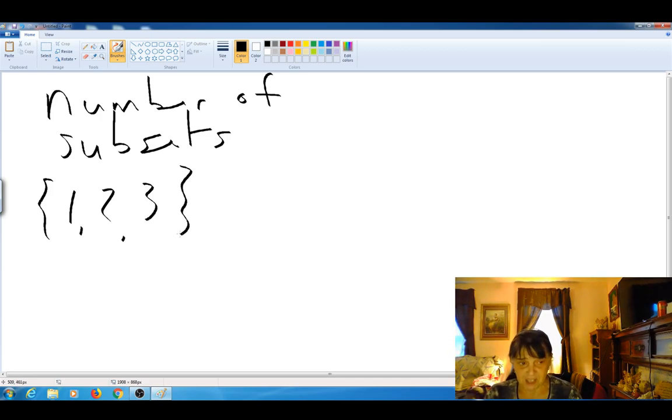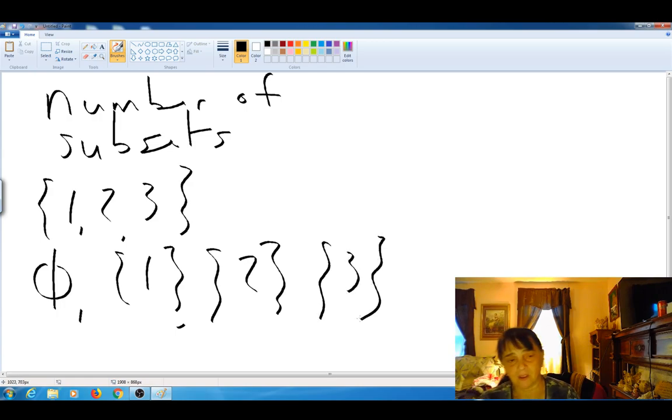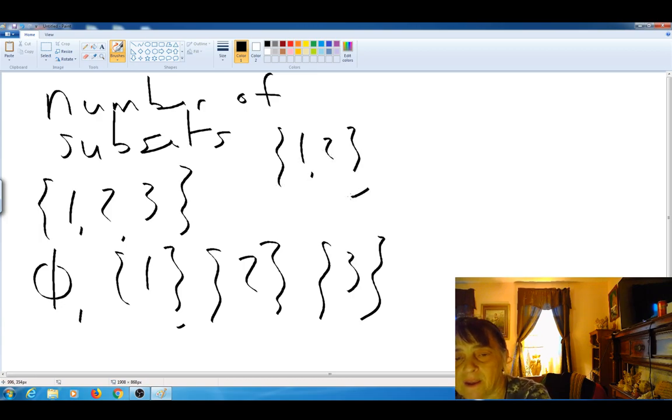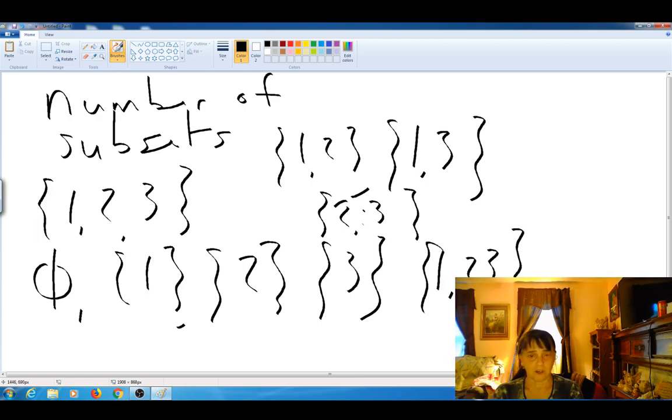The subsets will be the empty set, the set {1}, the set {2}, the set {3}, and you also have the set {1, 2}, the set {1, 3}, the set {2, 3}, and the original set itself. That's 8 subsets. A set with 3 elements in it has 8 subsets.